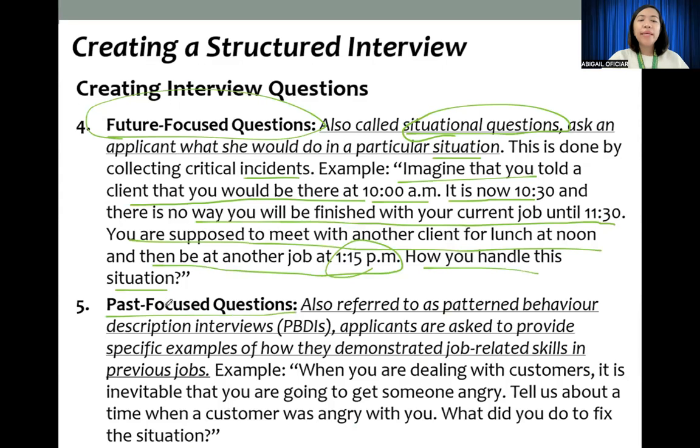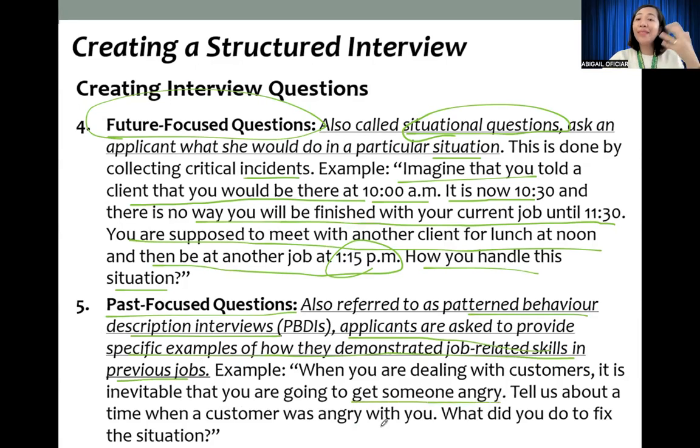Number 5 is past focused questions, also referred to as patterned behavior description interviews or PBDIs or behavioral questions. So in this one, applicants are asked to provide specific examples of how they demonstrated job-related skills on their previous job. Example, when you are dealing with customers, it is inevitable that you are going to get someone angry.